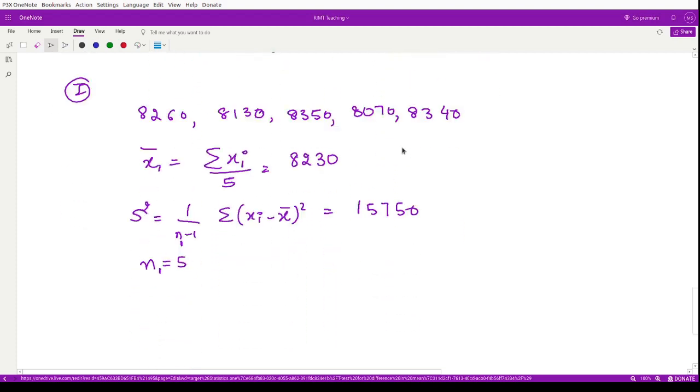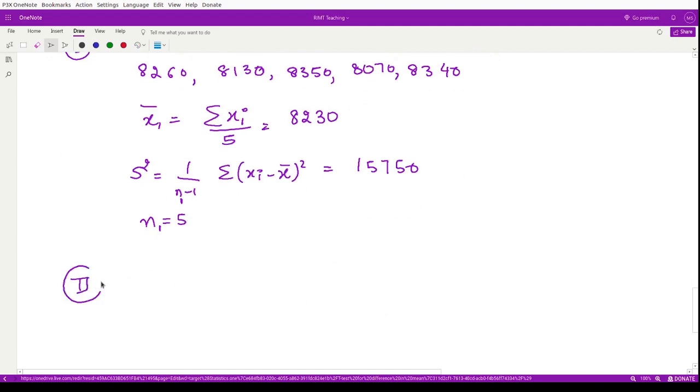Now next let us move on to the second sample. For the second sample, we have the data values as 7950, 7890, 7900, 8140, then 7920, and then 7840.